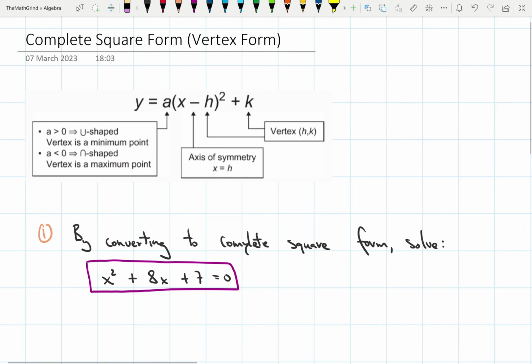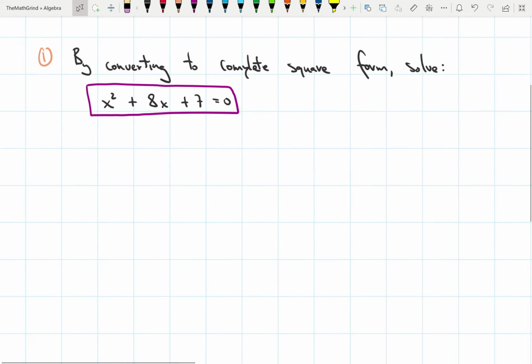Now, it can be useful to solve equations, but another purpose for it is that when you get these values, this h and this k, you can find the vertex of a quadratic equation, which means the turning point of it. But we'll just go straight into this first example and explain at the end how you can use the vertex, just to know a wee bit more context about the equation that you're dealing with.